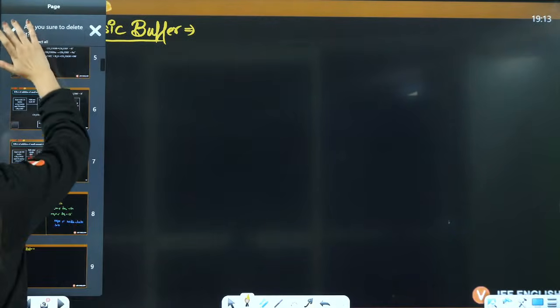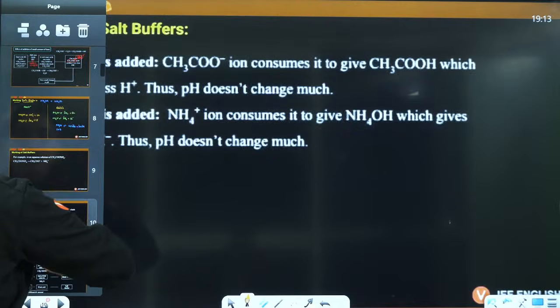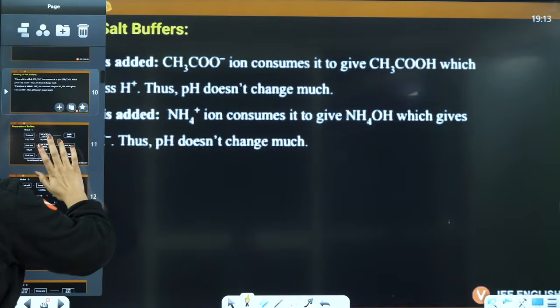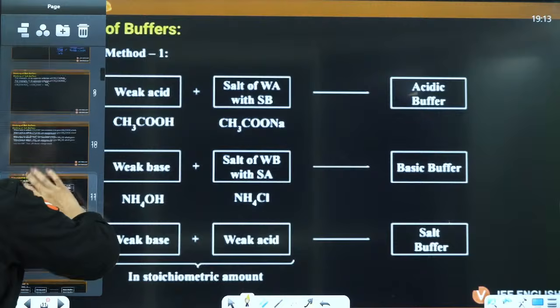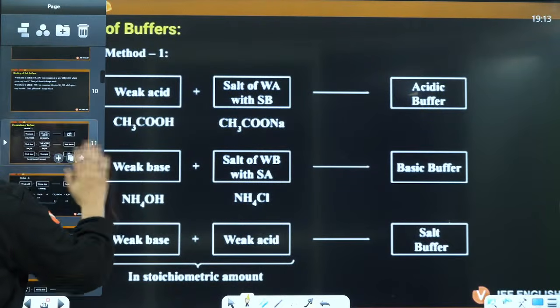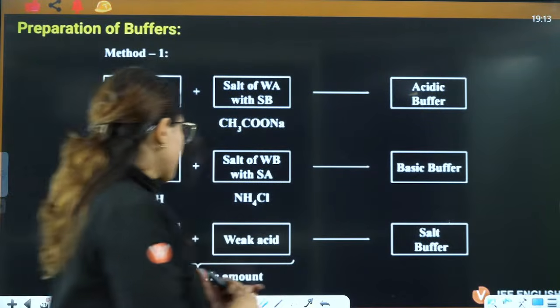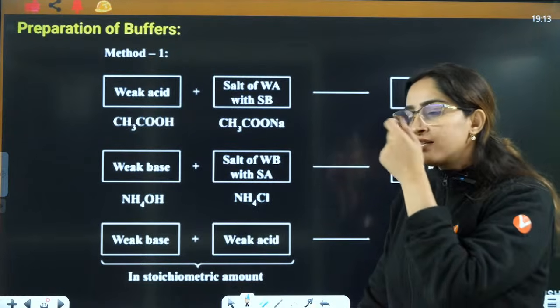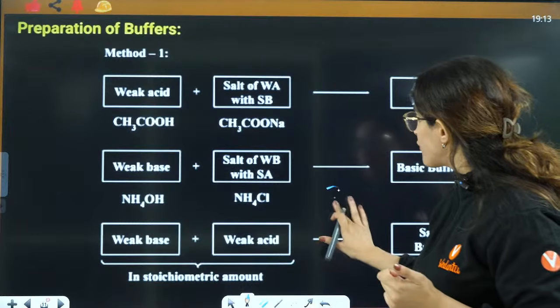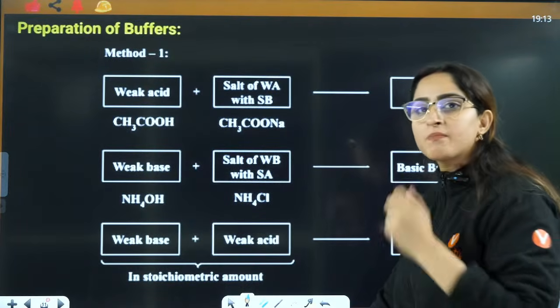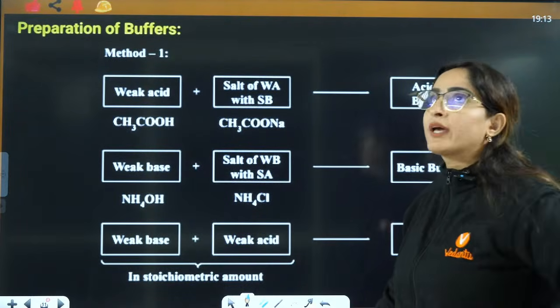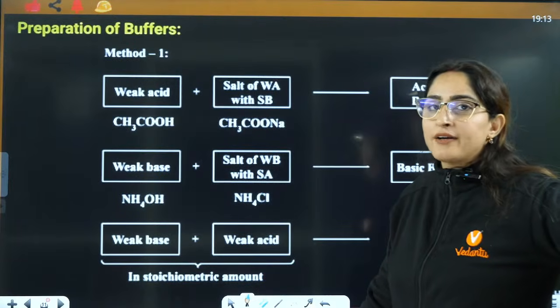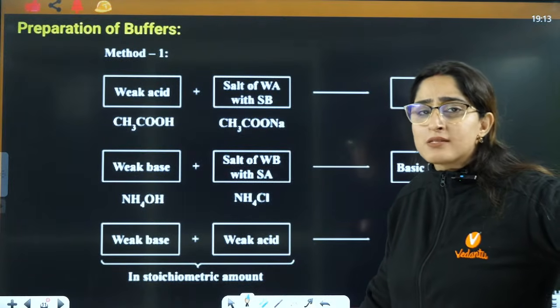So that was about this thing. Now let's understand the working that we have done. Now let's understand the preparation. This point is extremely important. Why? Because if you don't understand the preparation part, you just know there is a weak acid and salt of weak acid with strong base.